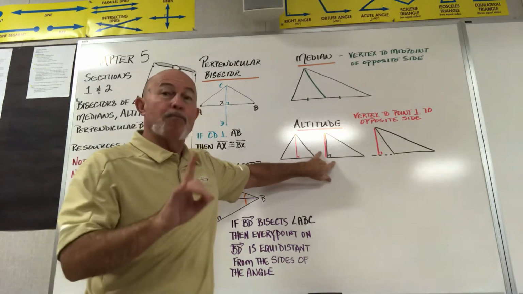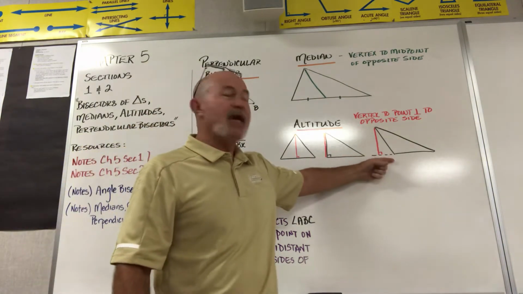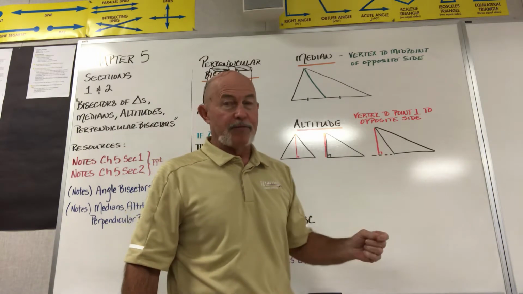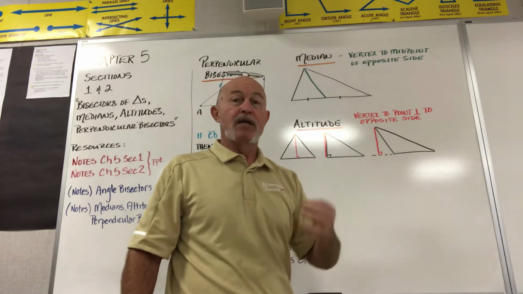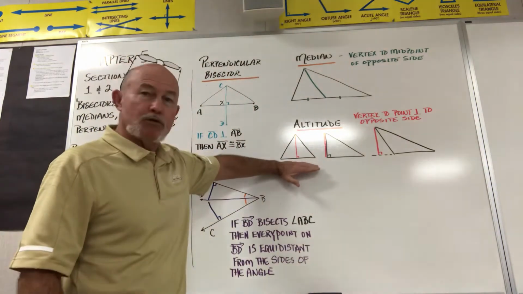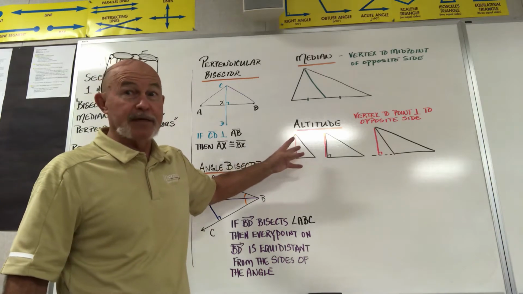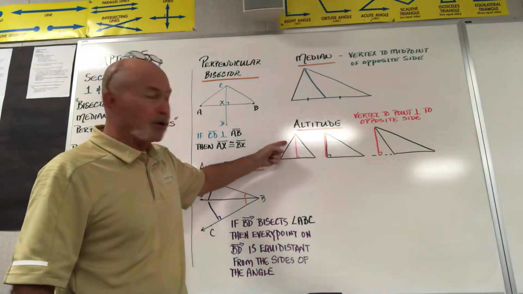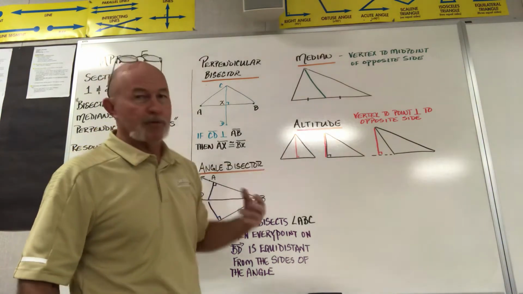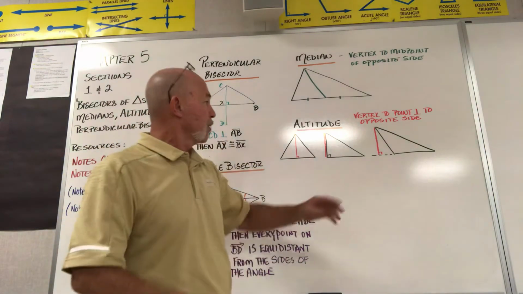It can be a part of the triangle. It can be outside the triangle. And you'll see that on obtuse triangles. So, acute triangles, it's going to be inside, and there are 3 of them. They'll all be inside. From here, perpendicular to here, here, perpendicular to here. Once again, in the notes, more pictures.